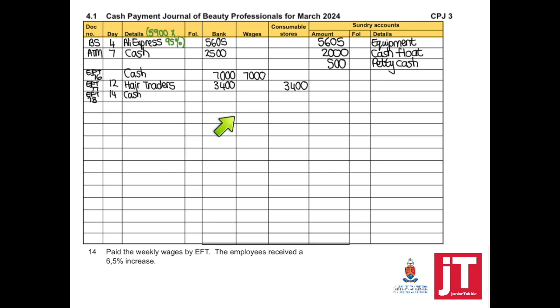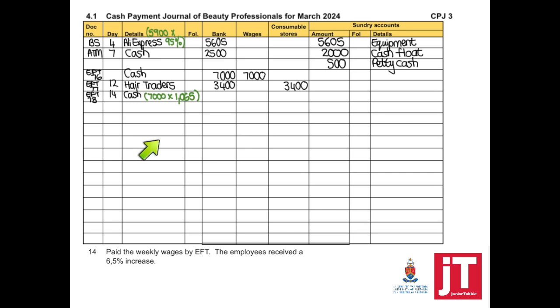If my employees were paid 7,000 wages and they receive a 6.5% increase, again, there's two ways in which we can calculate this. I can either say 7,000 times 6.5% and then add it to that 7,000, or we can say 7,000 times 106.5 divided by 100. It will give us exactly the same answer.